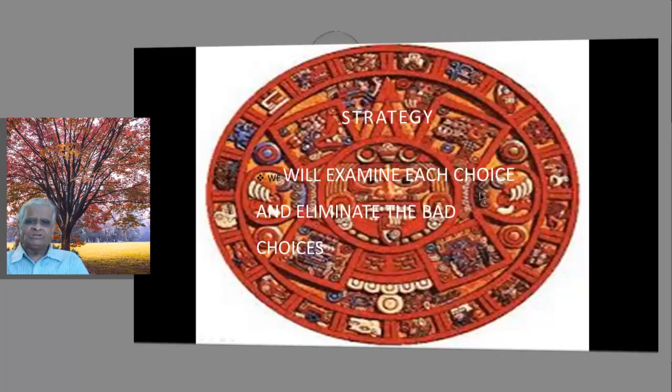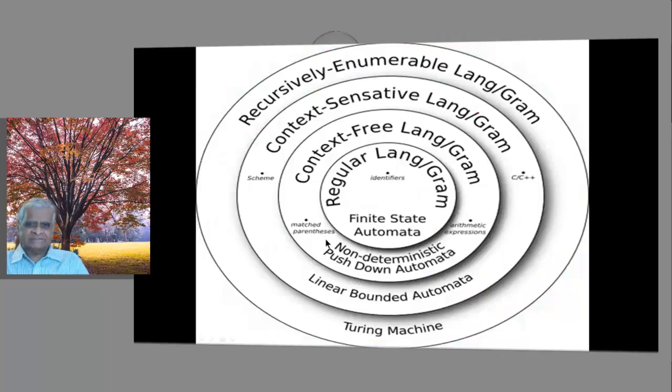One of the choices is correct. You will examine each choice and eliminate the bad choices. Here, for example, are the regular languages. Above that, the context-free languages. Above that, we have context-sensitive languages. Above that, the recursively enumerable sets. The push-down automata accept the context-free languages. The Turing machines accept the recursively enumerable sets.